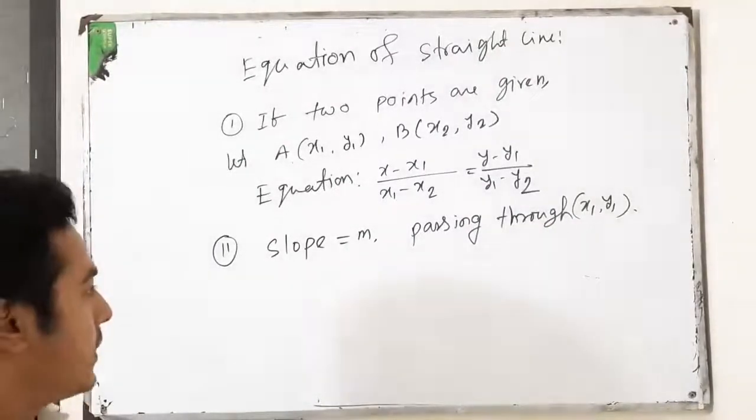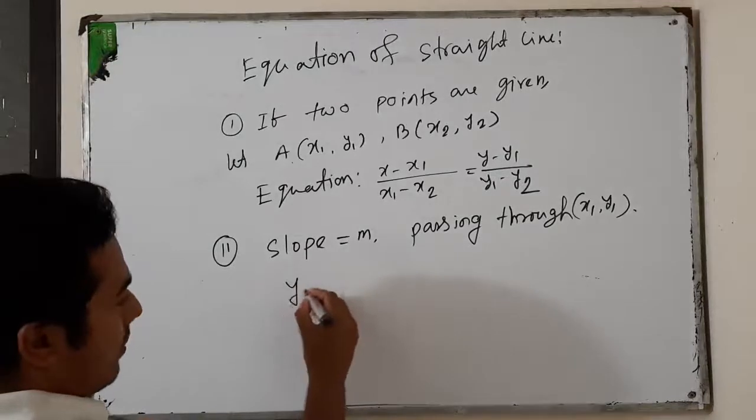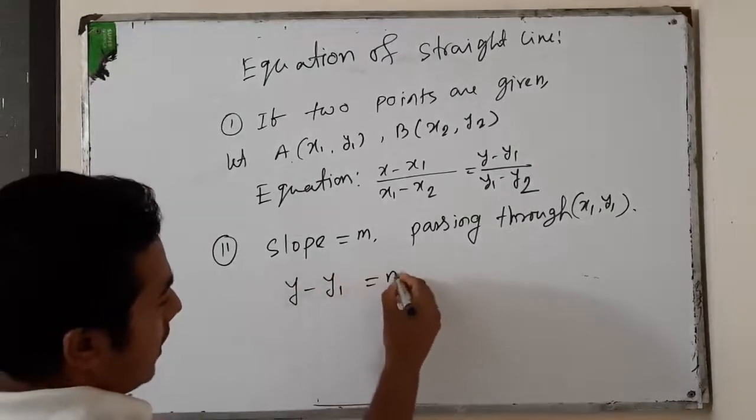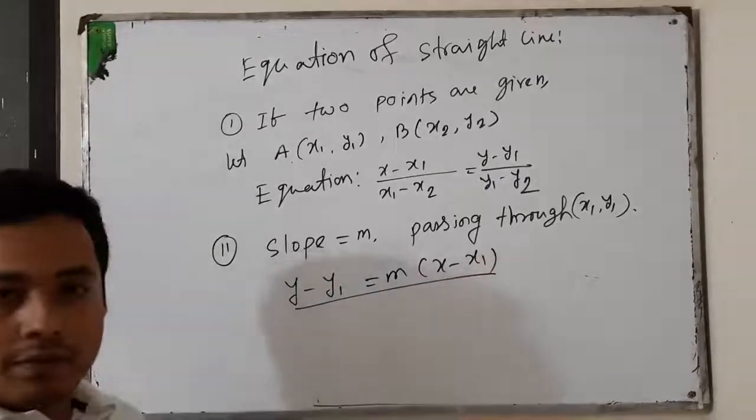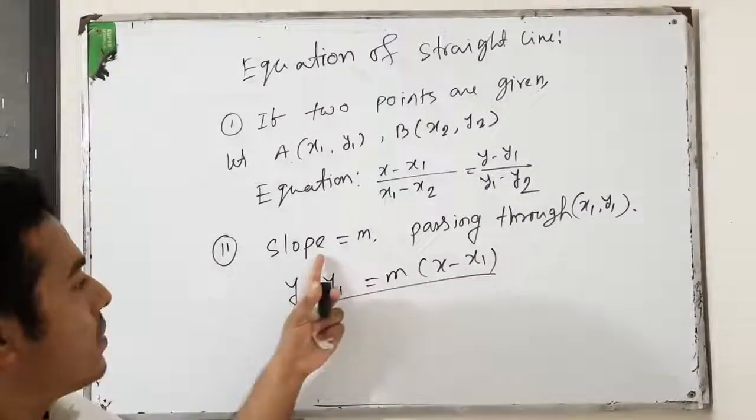It is easy. We can write y minus y1 equals m into x minus x1. This is the equation of a straight line if one point and the slope are given.